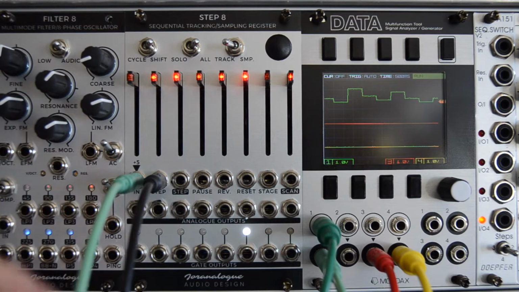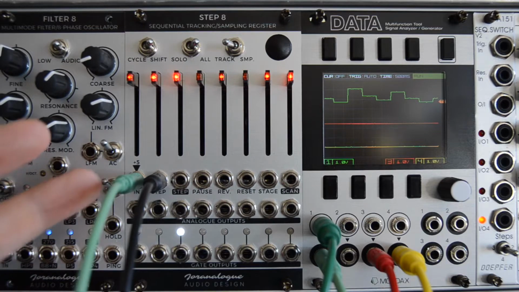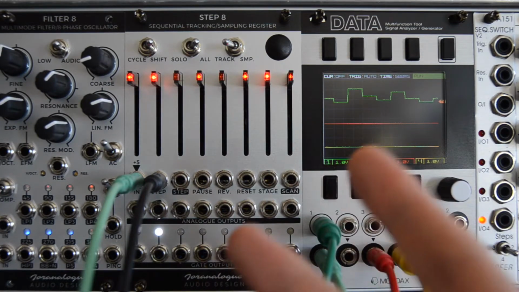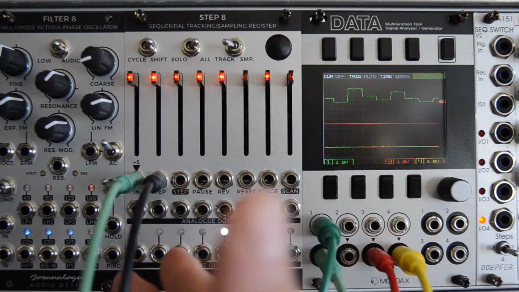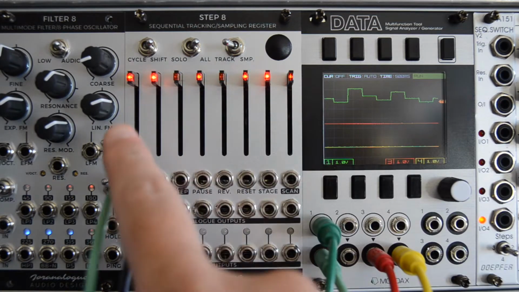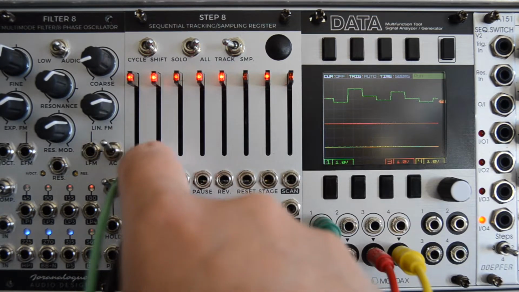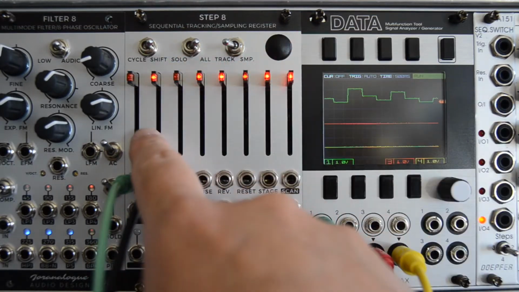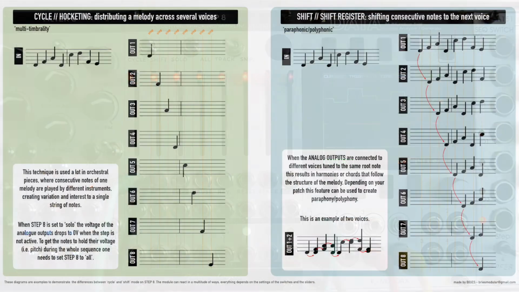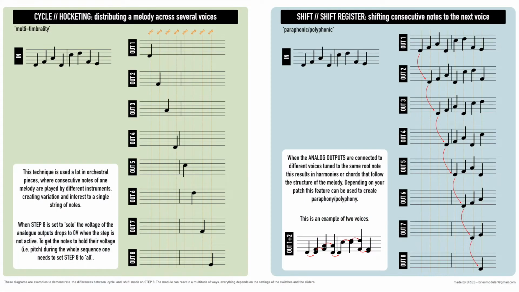For example, in the previous patch, when I connected a sequence here and clocked the sequencer and step 8 with the same clock, when I start them both together on the first step, the first note of the sequence will be tracked or sampled by the first step on step 8. The second note of the sequence would be tracked or sampled on the second step, etc.